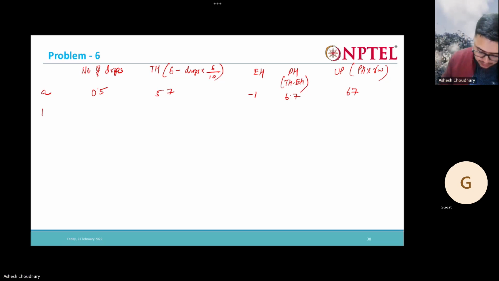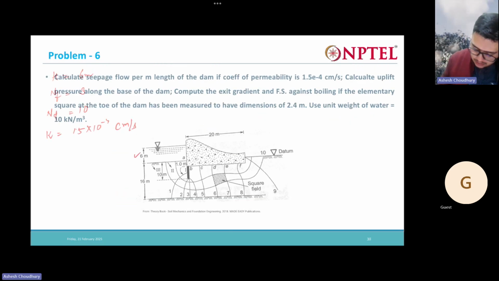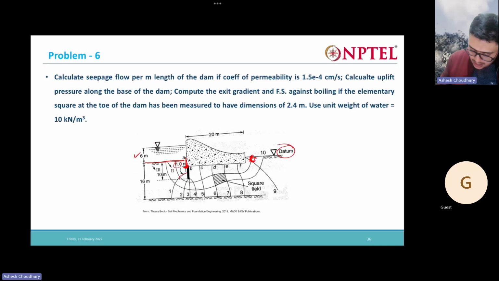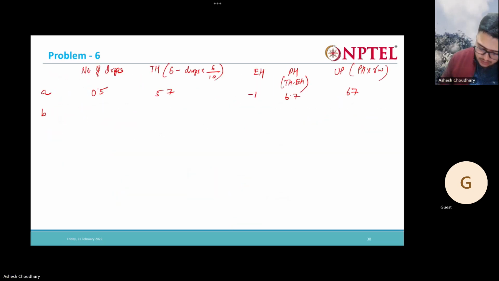Then B, number of drops: 1, 2, 3, 4. So B is here, approximately 4.5 drops.